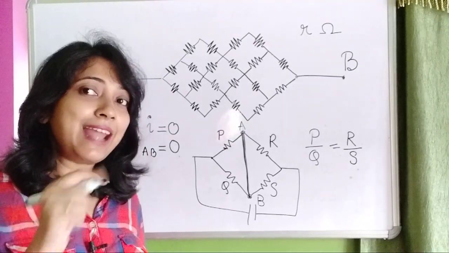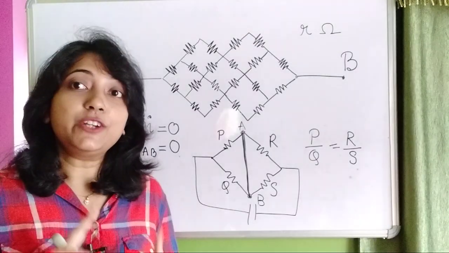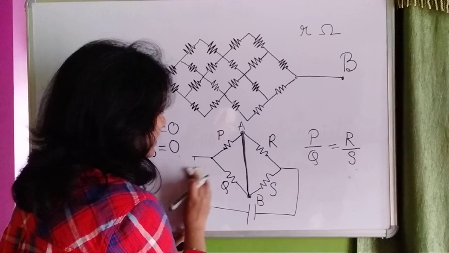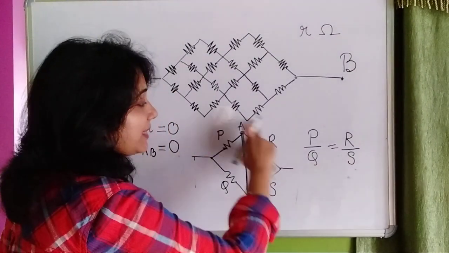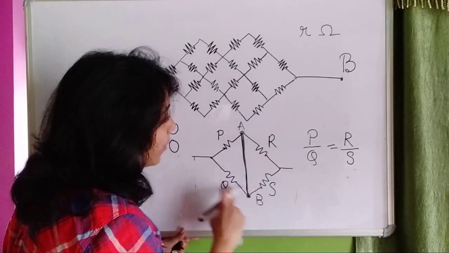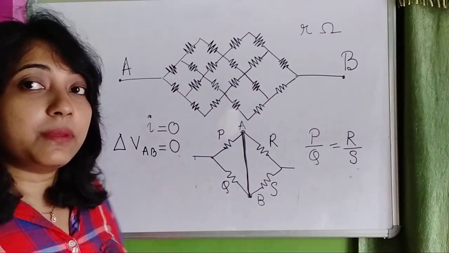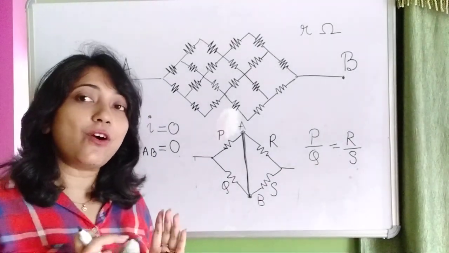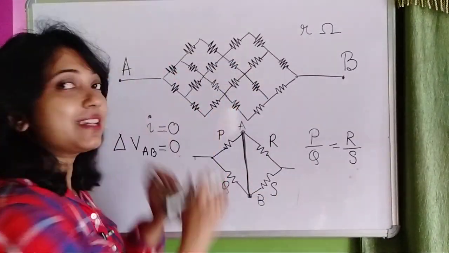Now, please carry this idea with you: when a bridge is balanced, like this square figure that you can see over here, these 2 points can be considered as short-circuited. This very concept we are going to take from here and use in our given problem.